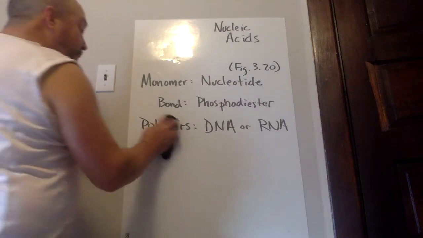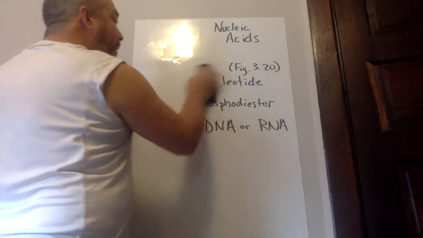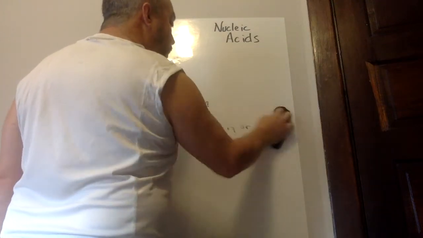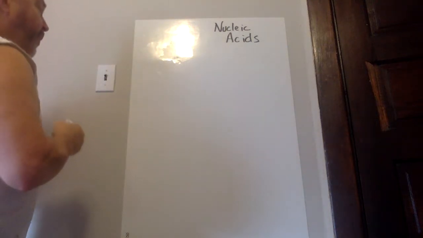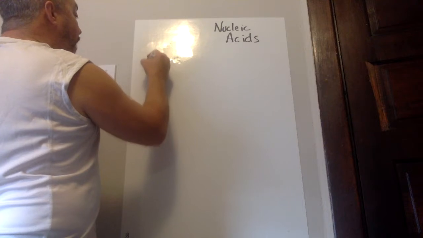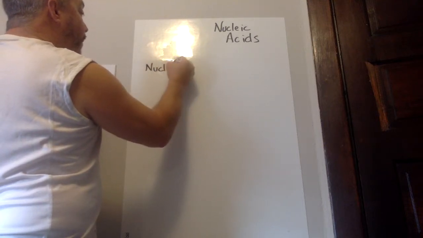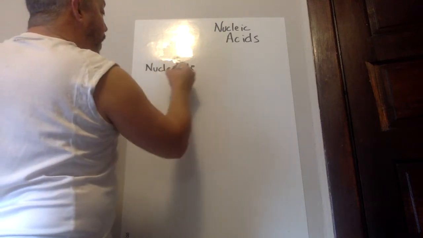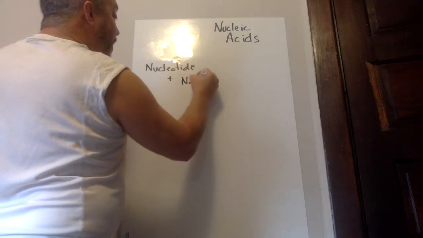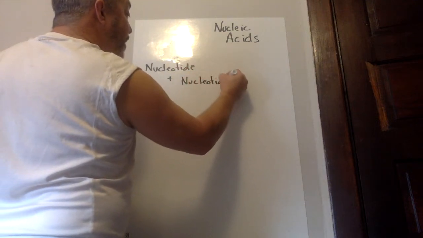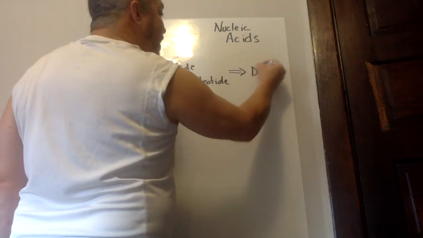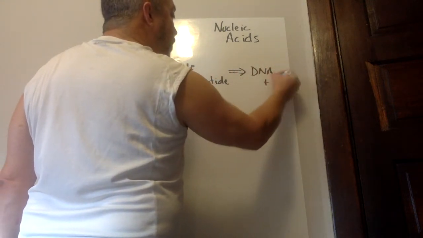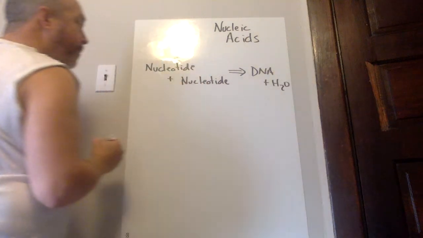So if we were to look at this on a bigger scale, if we were to take a nucleotide plus another nucleotide, these would be my reactants, and I were to do synthesis, I could create a DNA molecule plus water.